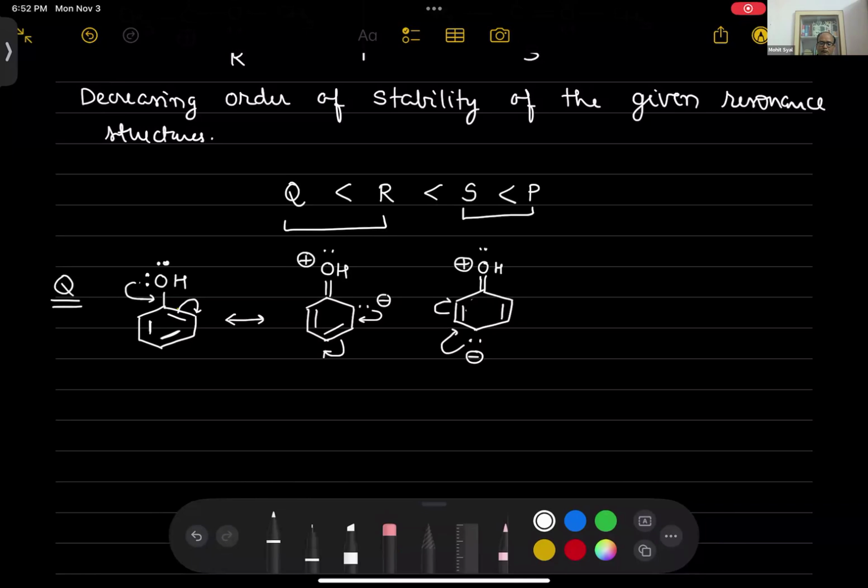The negative charge will push the double bond ahead of it to the next atom.